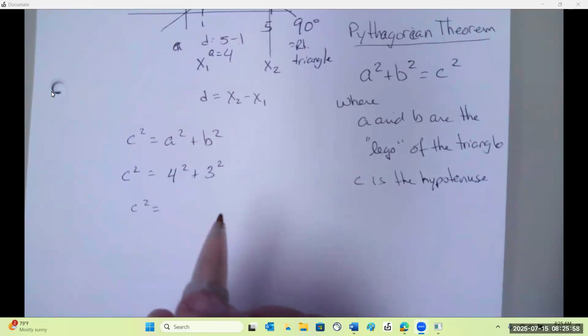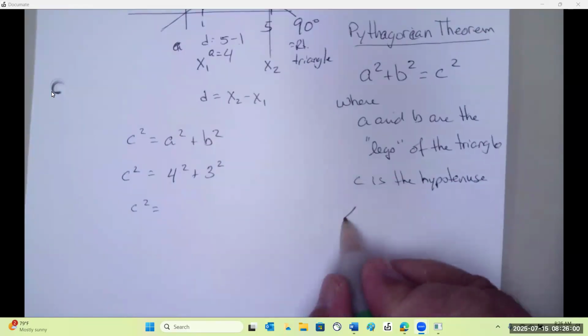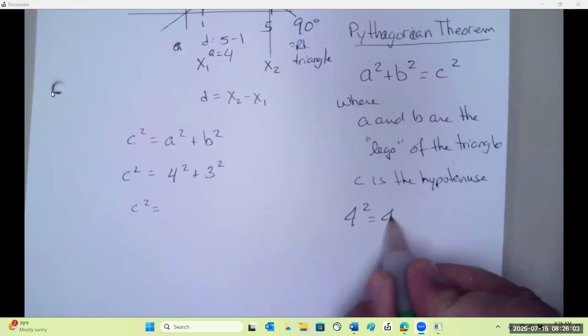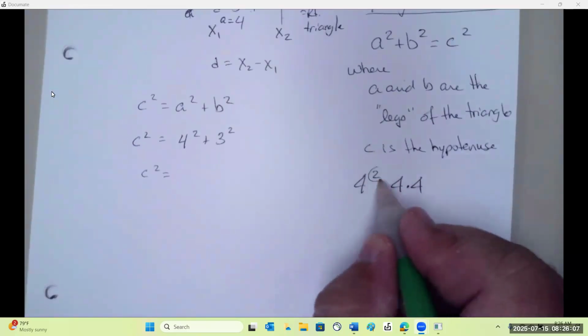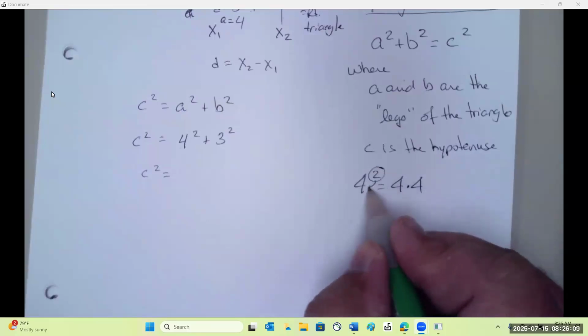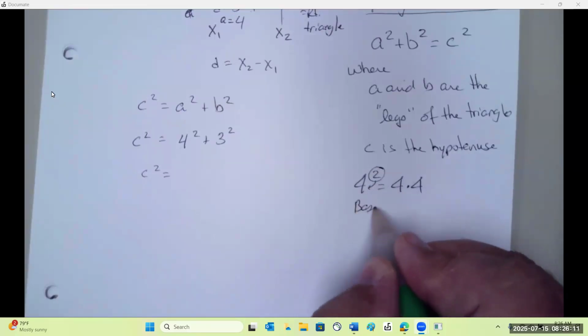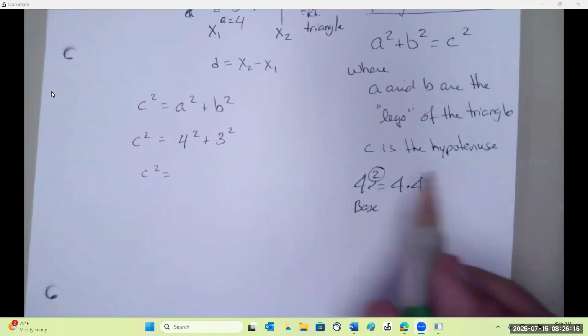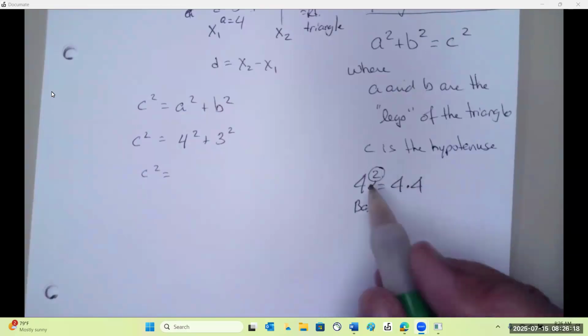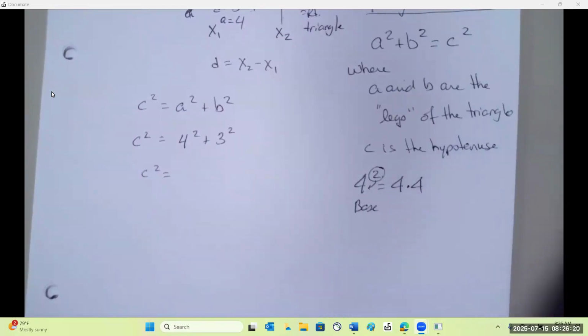4 squared is what? 4 squared means 4 times 4. This thing tells you how many times you multiply this number here at the bottom, which is called the base. How many times you multiply the base together to itself? If it was a 5, it'd be 4 times 4 times 4 times 4 times 4, 5 times.